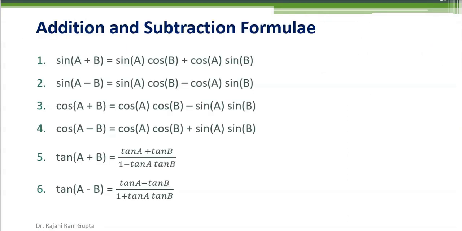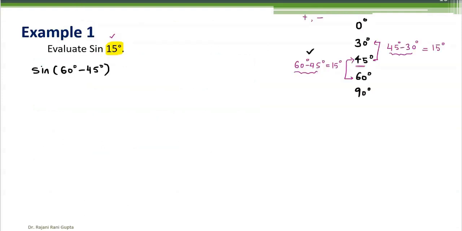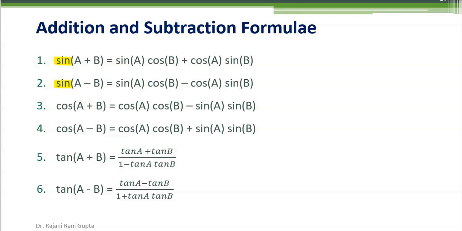If you look at the rules 1, 2, 3 and 4, 5, 6, you have two rules for sine, because you are looking for sine. Now if you look at the angle, we have 60 minus 45, so you need one angle minus the other angle. So we are going to use this rule, A minus B. The second rule we are going to use.